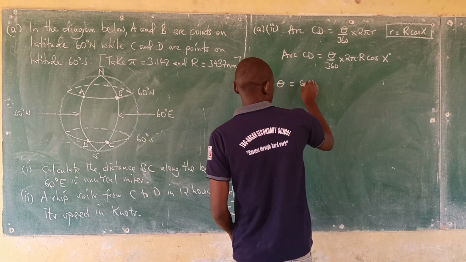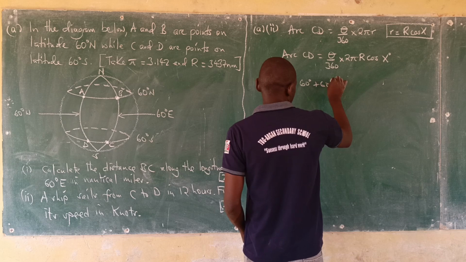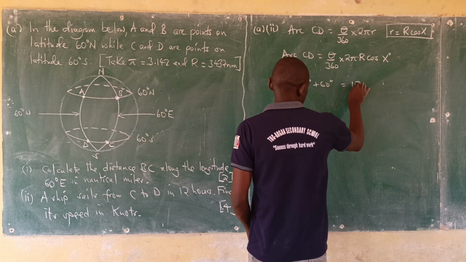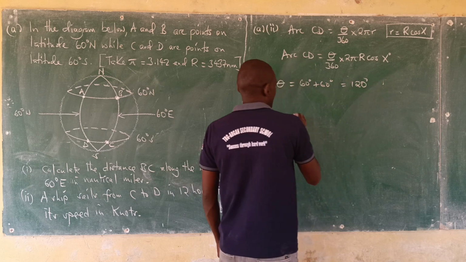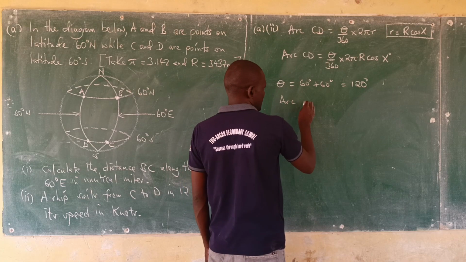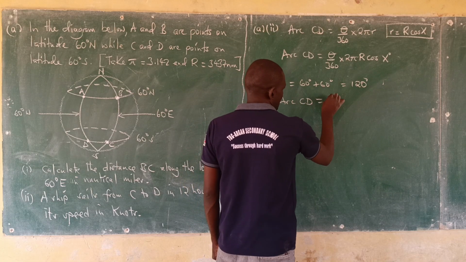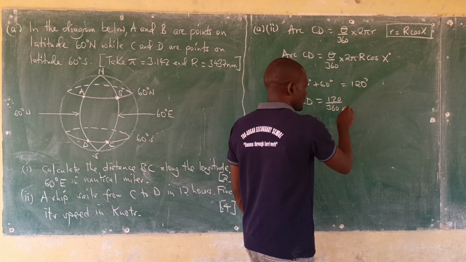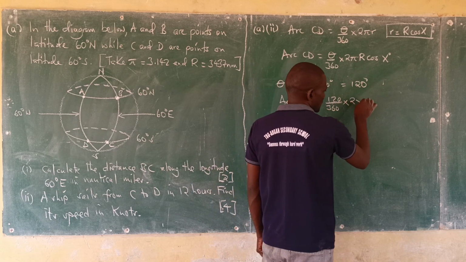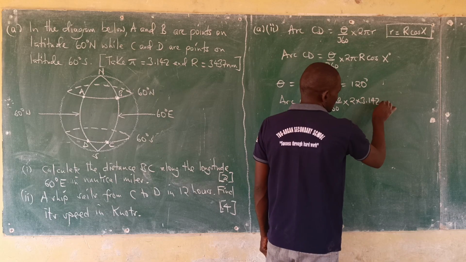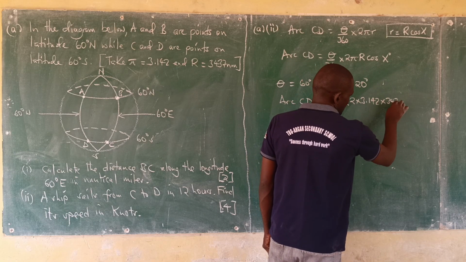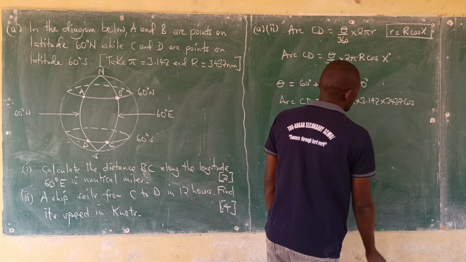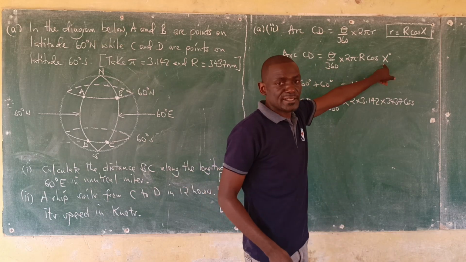So we'll talk about 60 plus 60. Of course, this gives us 120 still. And so we'll say arc CD is equal to 120 over 360. We just feed into this formula, times 2 times 3.142 times 3437 cos x.